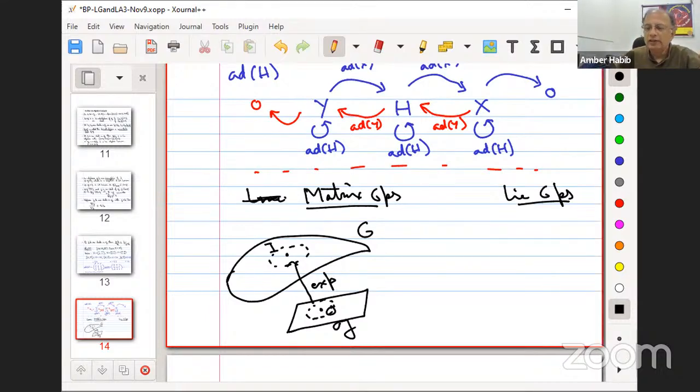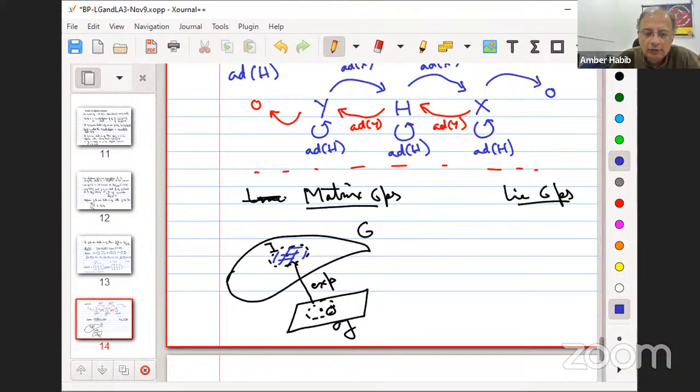So what does this correspondence really allow us to do? It allows us to differentiate in this neighborhood. Because this is a local homeomorphism, it means that this little neighborhood of the identity in the group can actually be seen as part of Euclidean space. It can be seen as a part of some R^n, and you can locally do your differential calculus.